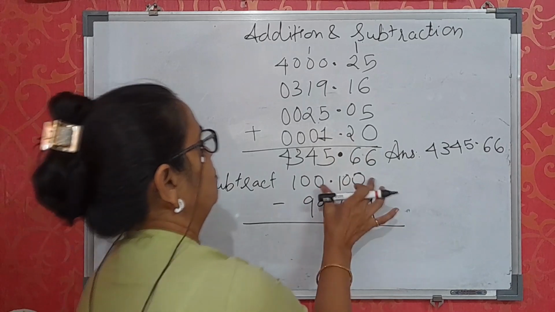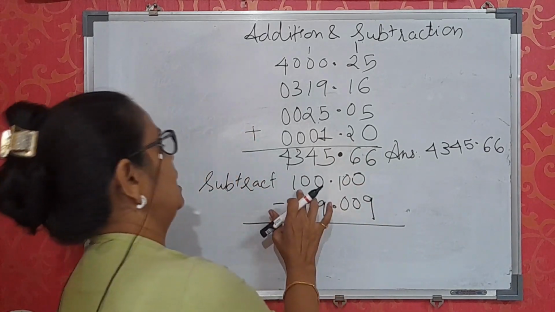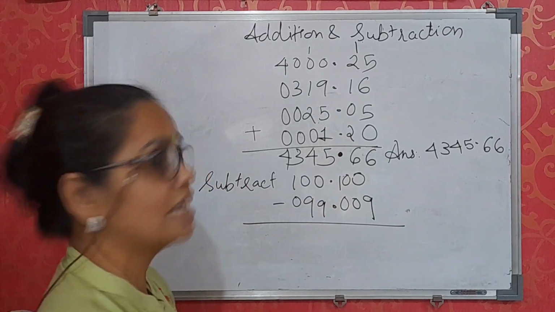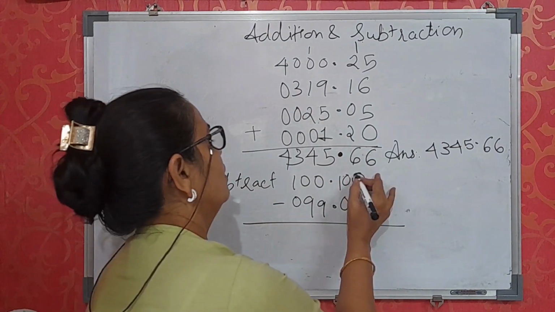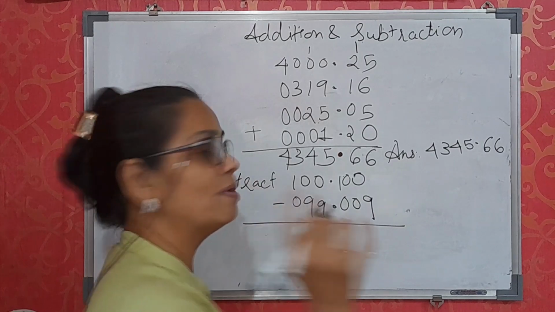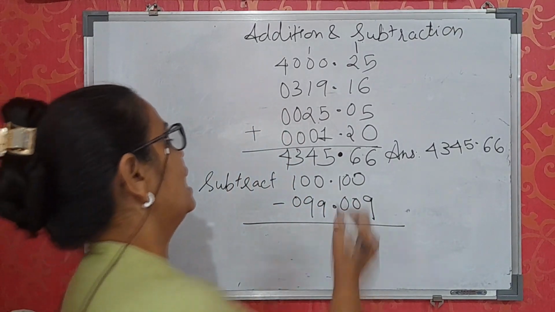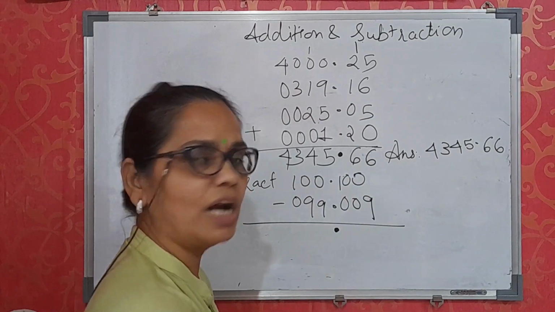First step, make it like decimals. Here there is no number, you can put 0 so that you will not make a mistake. Second step, as I told you, first put the decimal point so that you will not make a mistake. Now how do we do normal subtraction?